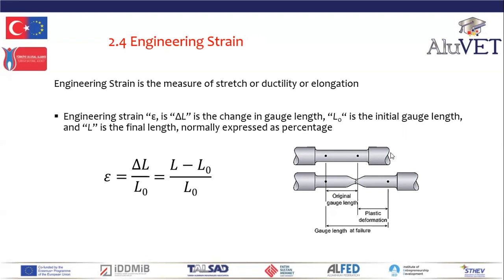So after the tensile test, we piece together the broken test piece. We can measure the plastic deformation, and then we can quantify the plastic deformation as a percentage of the original gauge length.